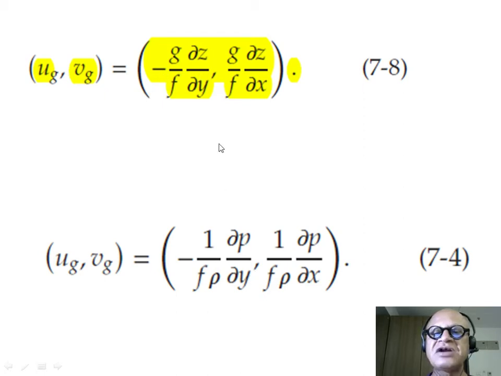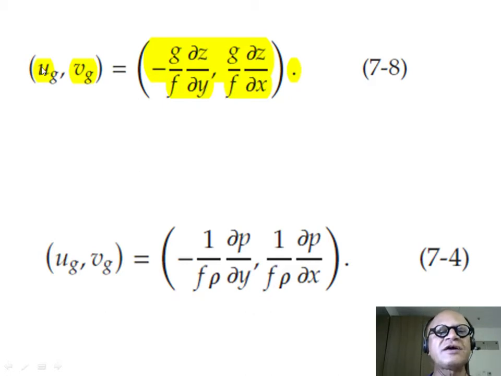Looks very similar, except that we have replaced the pressure gradient with the height gradients on constant pressure lines. Okay, so we are in the pressure coordinate. We have dropped the constant P here from the previous equation. So it looks exactly the same, but note that instead of dp/dy we have dz/dy and dz/dx.